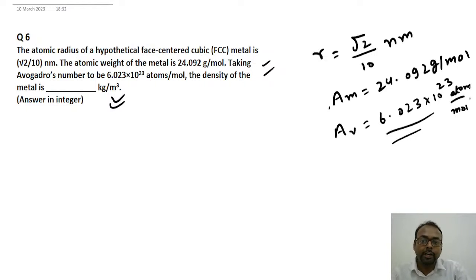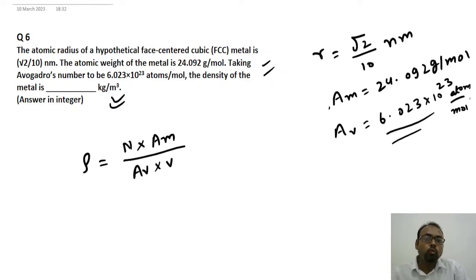So how can we calculate that? The equation for calculating the density is rho equals n, the number of atoms, multiplied by atomic mass, divided by Avogadro number into the volume of the unit cell.